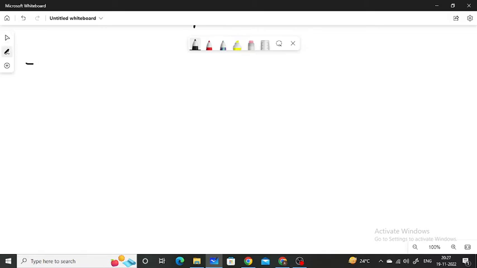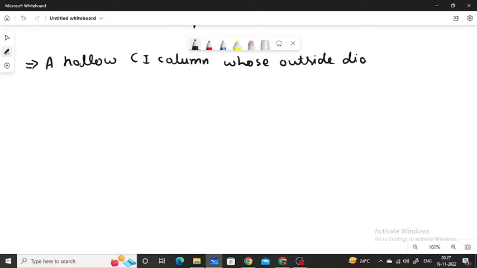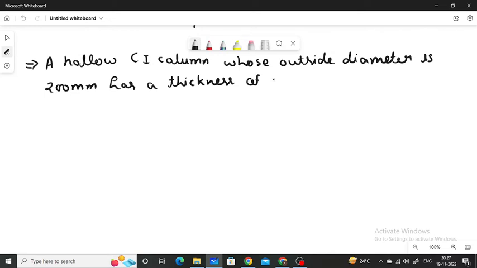A hollow cast iron column whose outside diameter is 200 mm has a thickness of 20 mm.